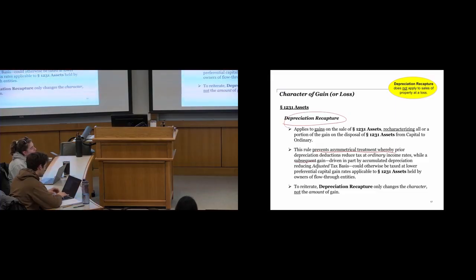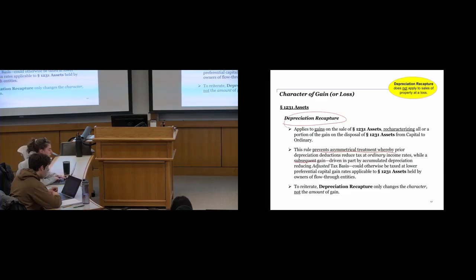Then if I turn around and sell that property and I generate a gain, a portion of which was created merely by reducing my tax basis by accumulated depreciation, if I gave that full gain access to capital treatment, it might be taxed at a lower tax rate because some of it is flowing up to an individual owner who is taking preferential tax treatment. So depreciation recapture is simply saying a portion of the gain could be attributable to prior deductions that reduced ordinary income.